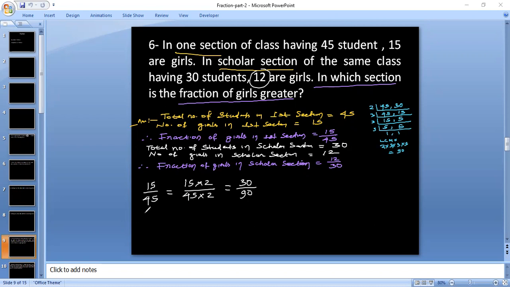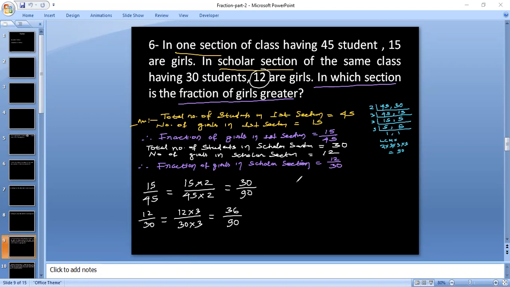Again write 12 by 30; to make 30 into 90, 90 divided by 30 is equal to 3, so multiply both numerator and denominator by 3, so it will be 36 by 90.